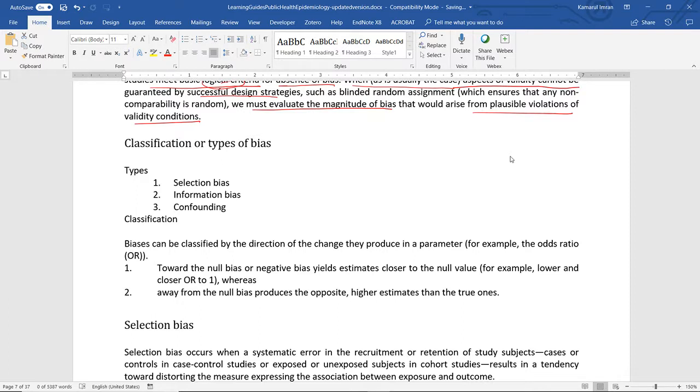Again, the classifications or types of bias. Number 1 is selection bias. You select wrong people. Information bias, you measure wrongly. And confounding, it's a special type of bias. This one, in the next lecture, okay, later.